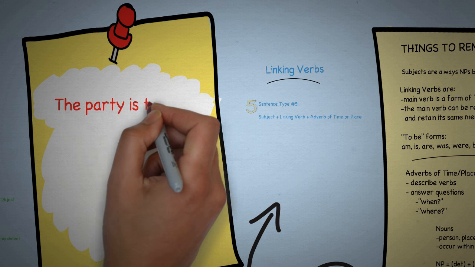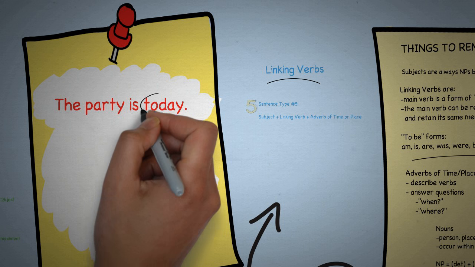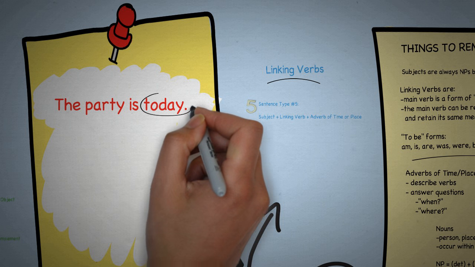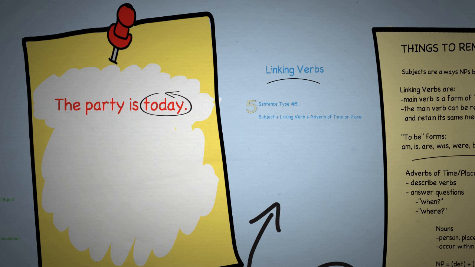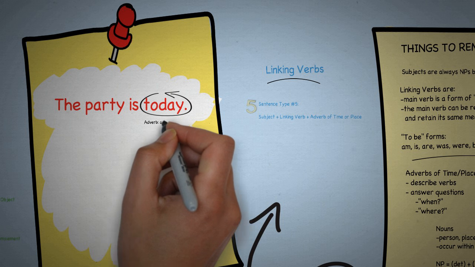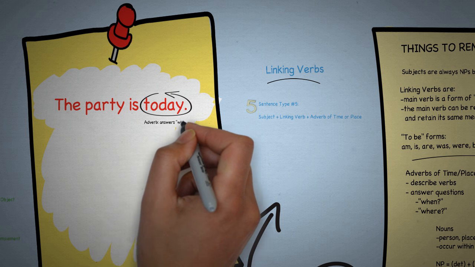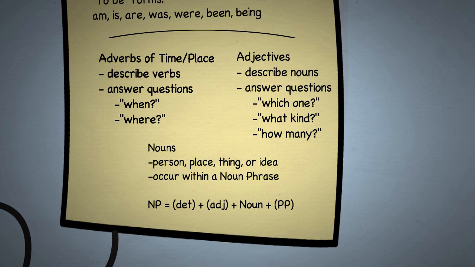In our sample sentence, the party is today, we see that we have one main verb, which is a form of the to-be verb. The form is. The party is. And now we look to see what's after our main linking verb, and we find the word today, which is telling us when the party is going to take place.